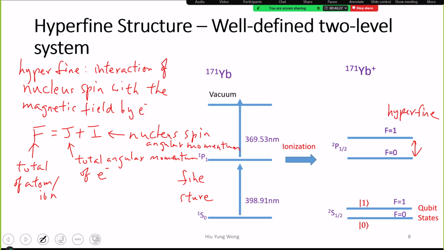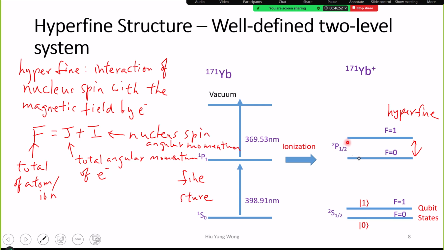We start with electron spin angular momentum plus its orbital angular momentum. We get the total angular momentum of the electron, which is J. Now you add the nucleus spin angular momentum. That is the total angular momentum of the whole atom or ion. This is just logic. No worry about the math.